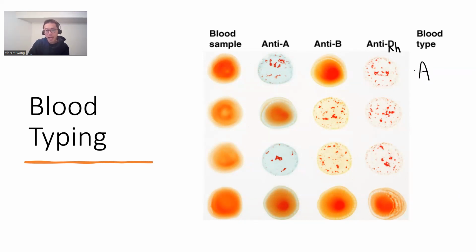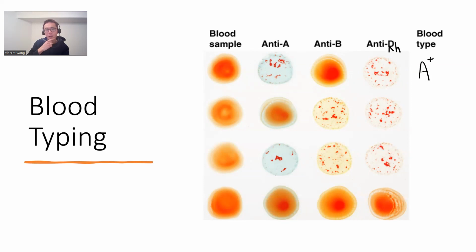There's no reaction with antibody B, so the person does not have a B on their red cell. There is a reaction with RH, so that means they have RH, and that's how we know they are positive.